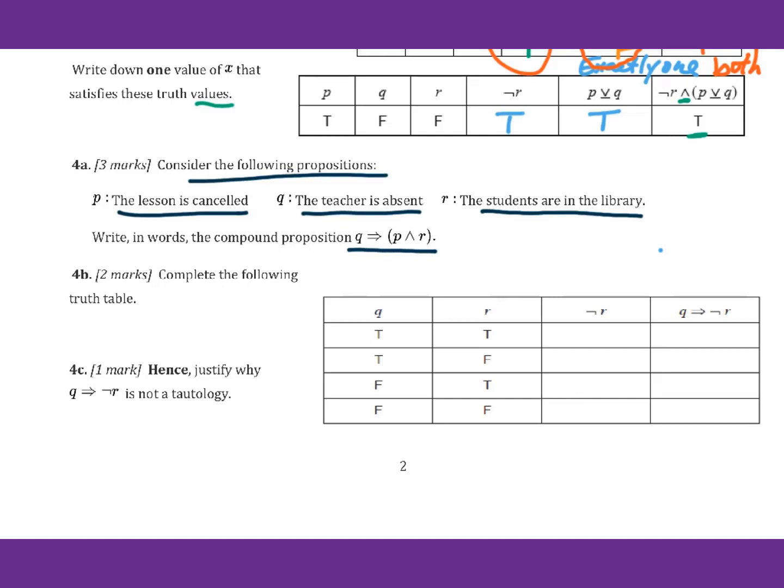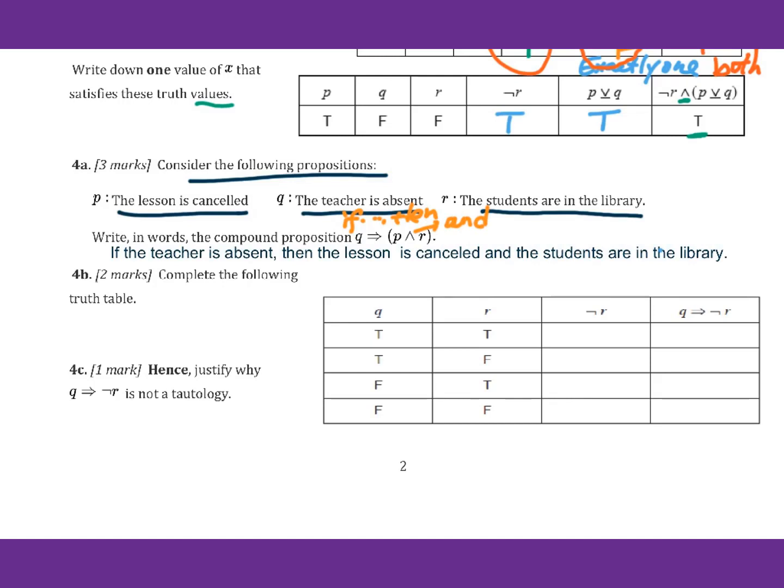First of all, let's check the meaning of each symbol. This means if, then. This means and. So we have, if the teacher is absent, then the lesson is cancelled and the students are in the library.